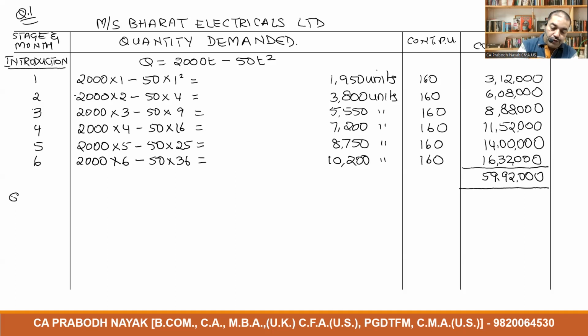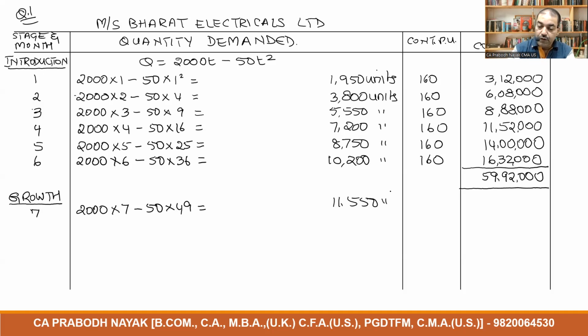Second is the growth stage. We continue the months. Month number 7. 2,000 into 7 minus 50 into 49. 11,550 units.